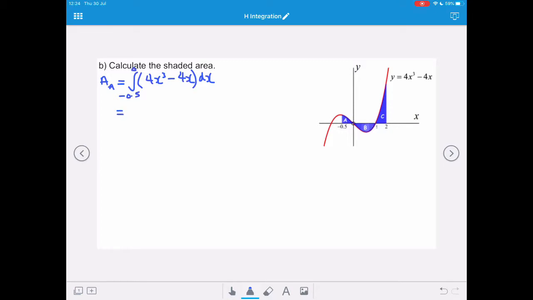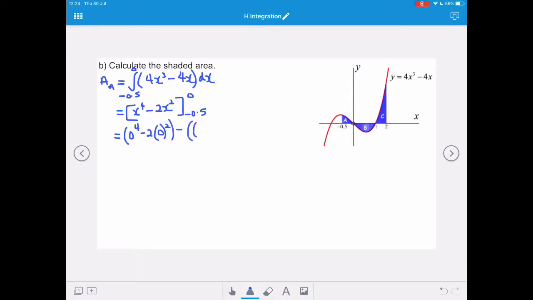So we need to put our square bracket in. We're going to integrate 4x cubed to x to the power of 4 and negative 4x to minus 2x squared. And our upper limit is 0 and our lower limit is negative 0.5. And we're now going to substitute those in to find our area. So we've got 0 to the power of 4 minus 2 times 0 squared.